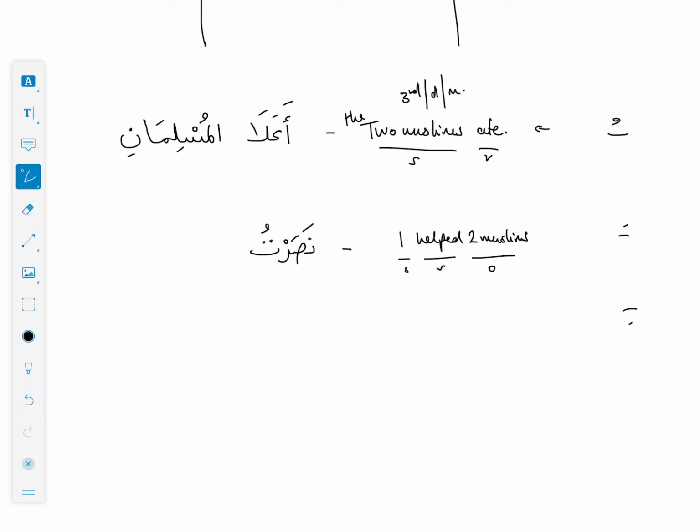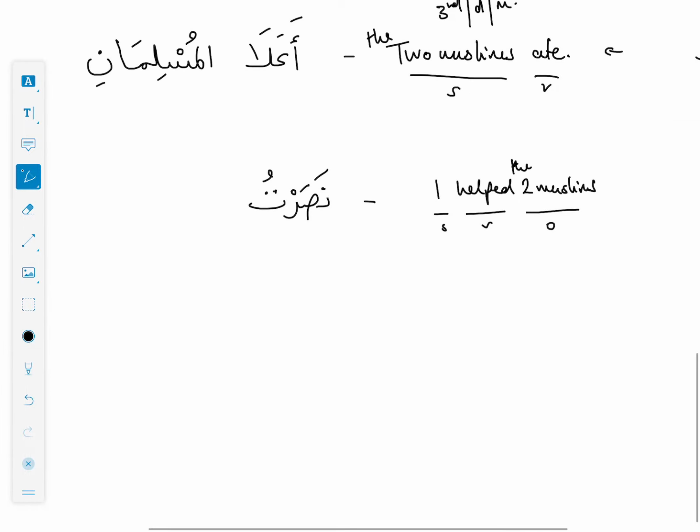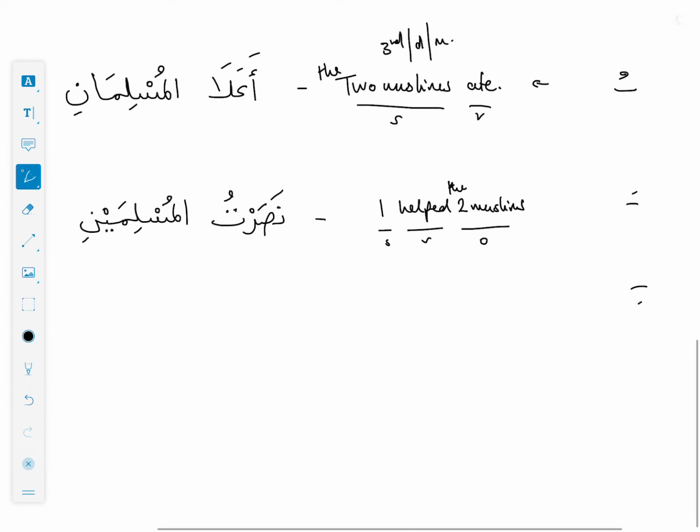The two Muslims is the object, therefore it's in Fatha state. So it would be al-muslimaini. Nasartu al-muslimaini. Like so.